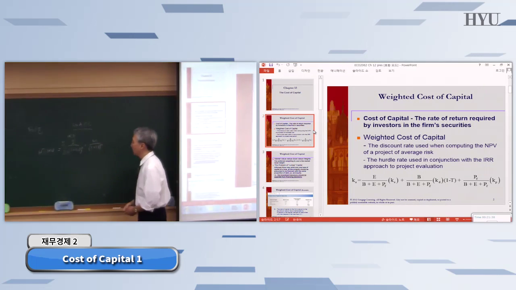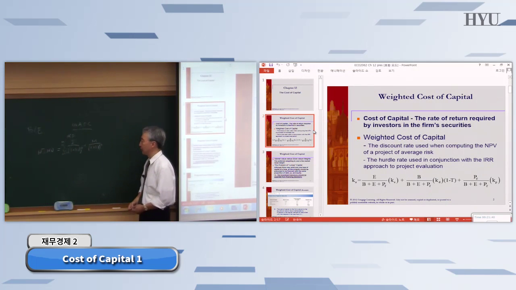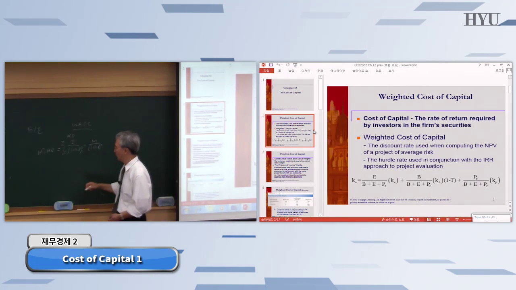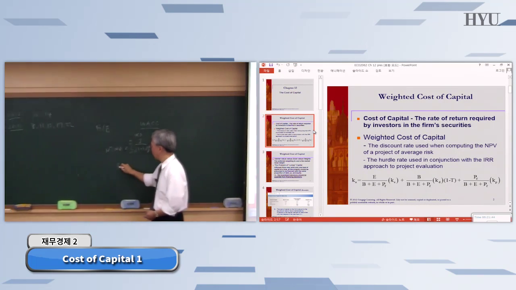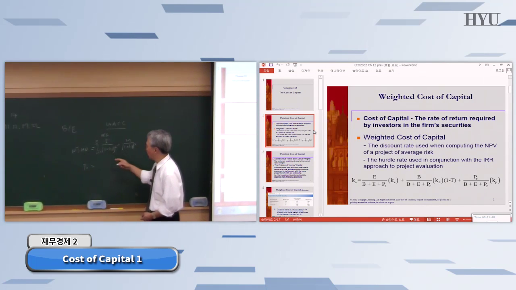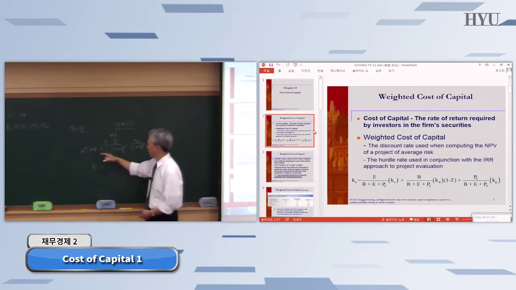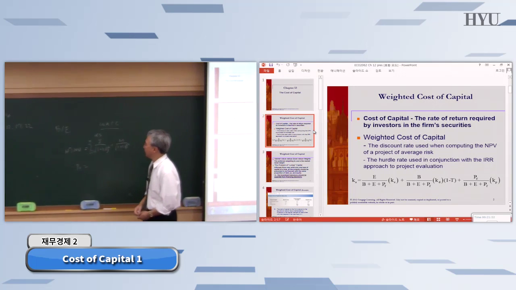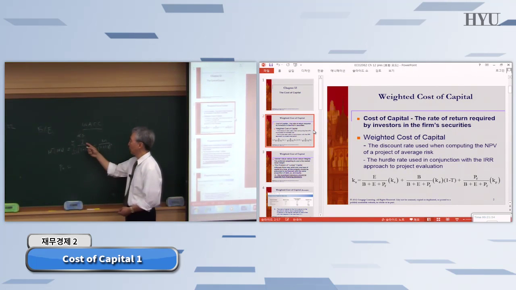So think about the typical bond formula. If you pay a certain amount to purchase the bond, that's the initial investment. Every period you receive an interest payment; in the case of projects, you receive net cash flow.